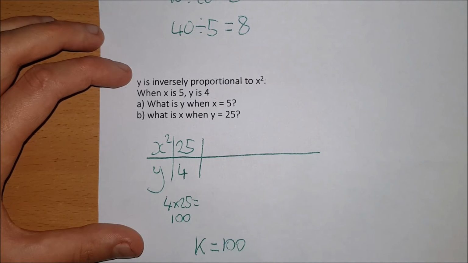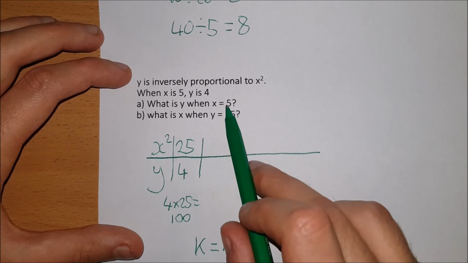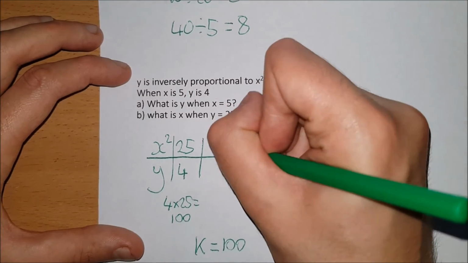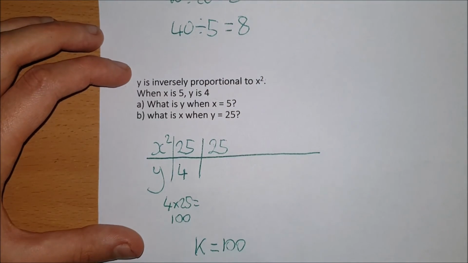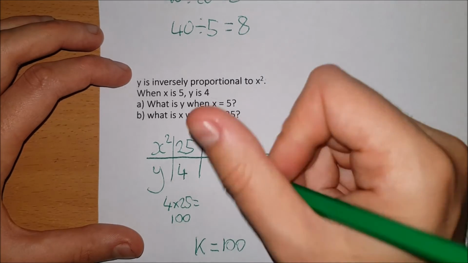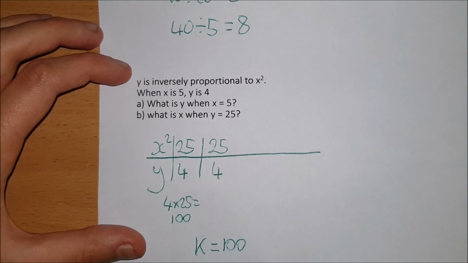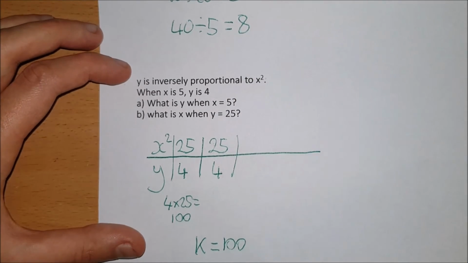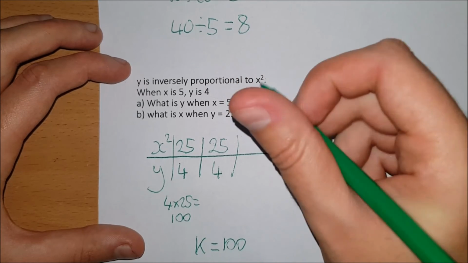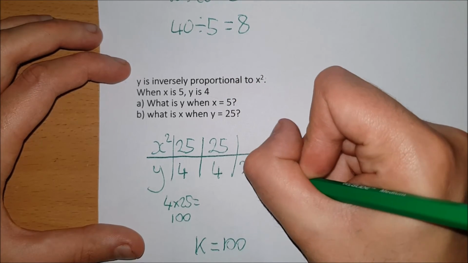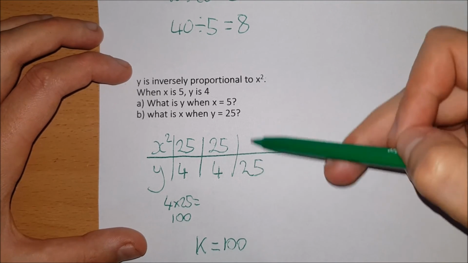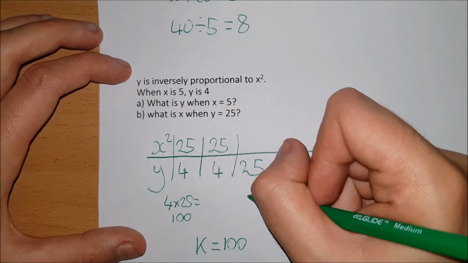So what is y when x is 5? We know that x is 5, so x squared is going to be 25. We don't really need to do much more because we've already got 25 there, so we know y needs to be 4. But what is x when y is 25? So y is 25. We can fill that into our y row. The two things need to times together to make 100.